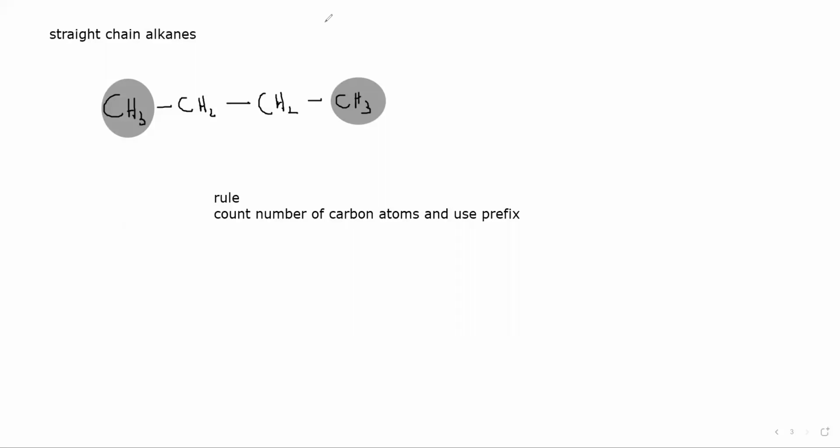For 4 carbon atoms, we say but. And the second thing, because of a single bond, the name should end at ane. So this is but because of 4 carbon atoms, and ane because of single bond. So it is butane.